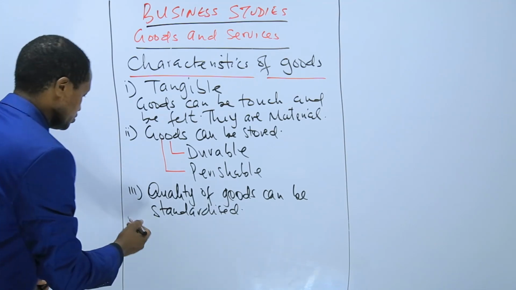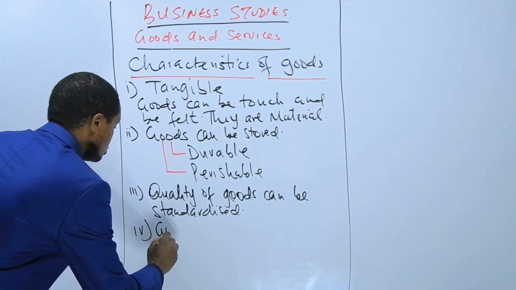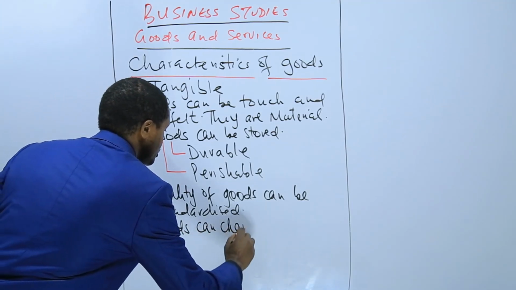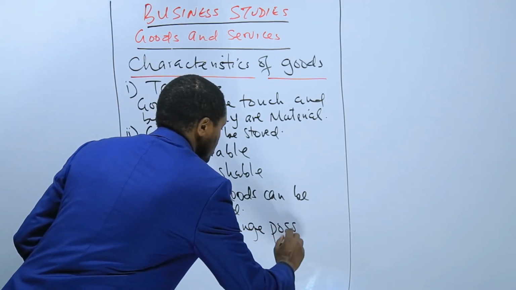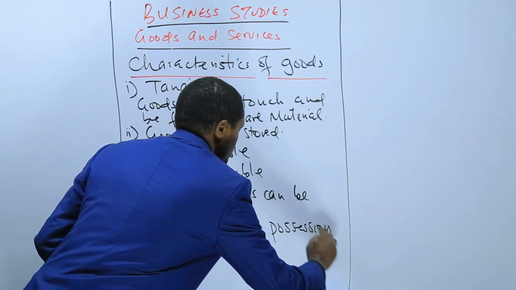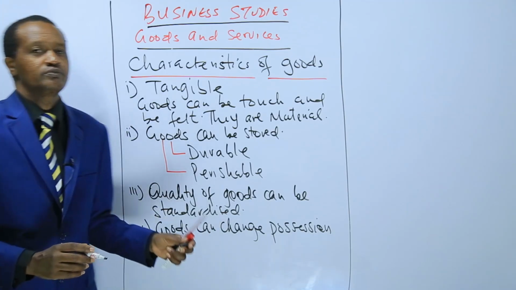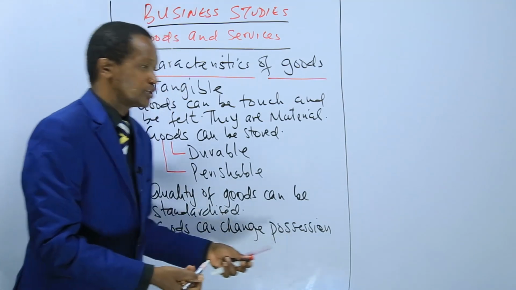Then number 4, goods can change possession. Goods can change possession. Can change what? Possession. And how will that possession take place?